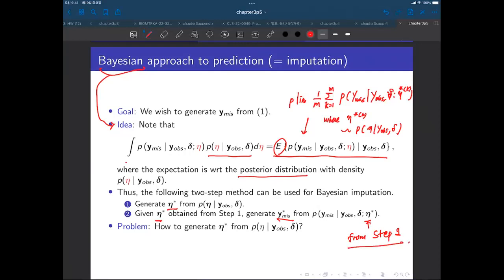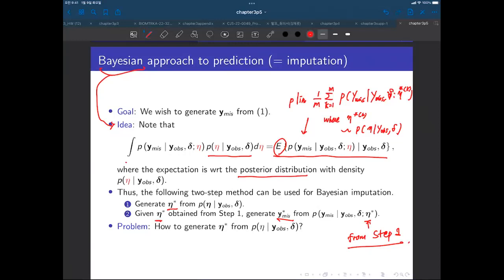The second step is relatively easy because you know this as a function of eta. So step 1 is actually more difficult, and the real question is how to do step 1.